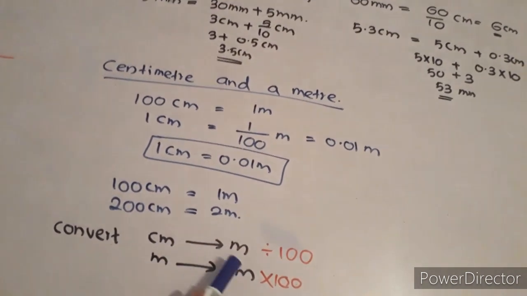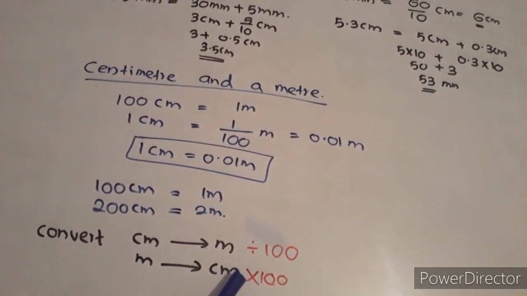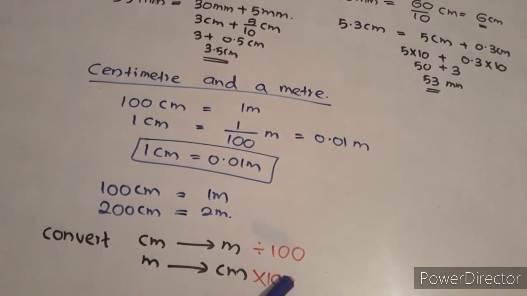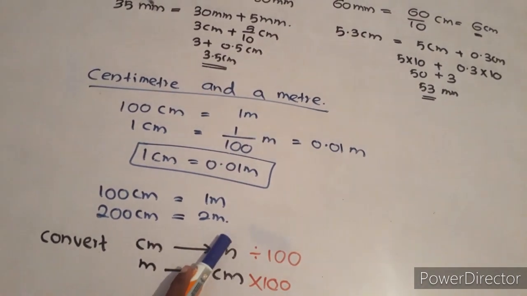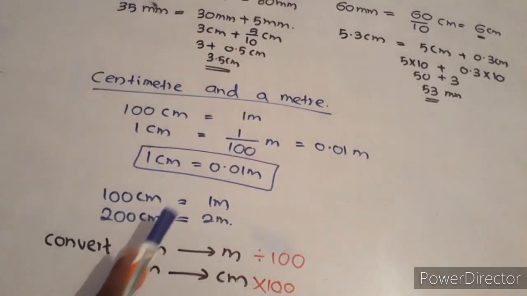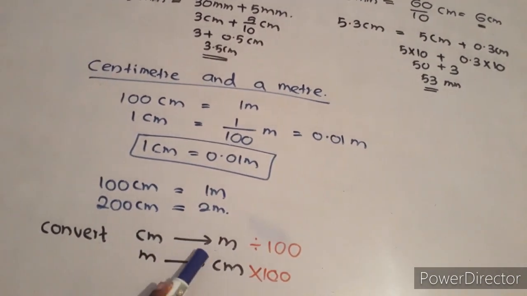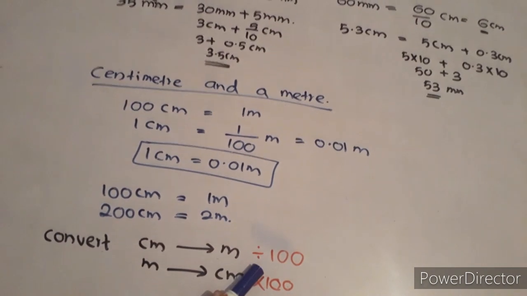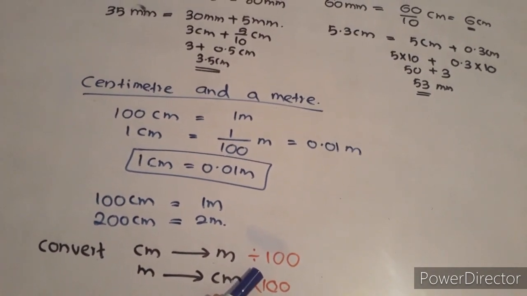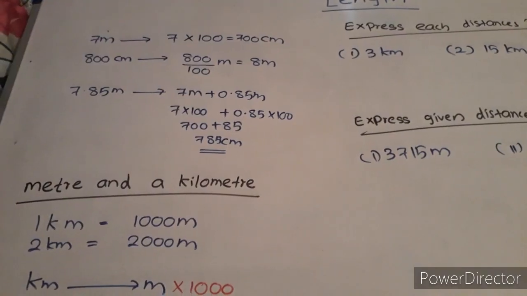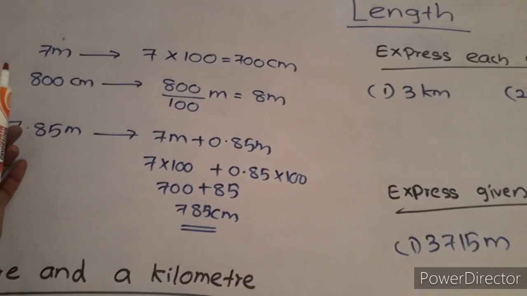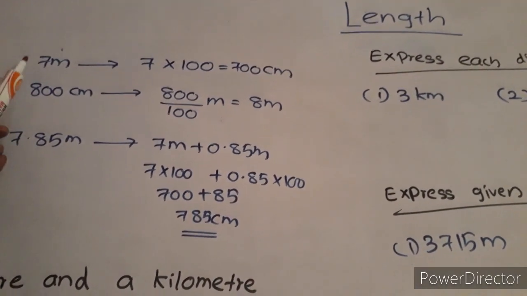To convert meters into centimeters, we have to multiply by 100. Okay, we'll see a few examples now.